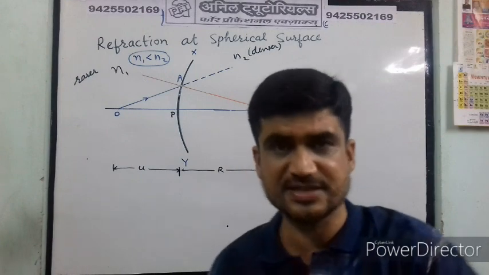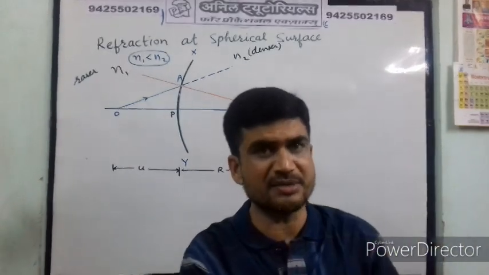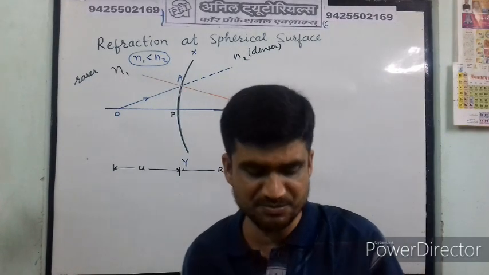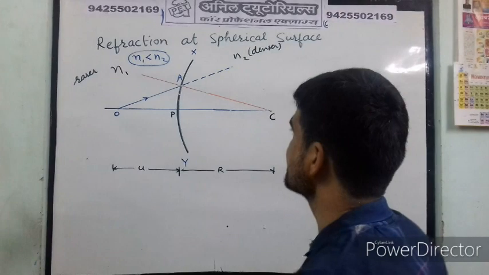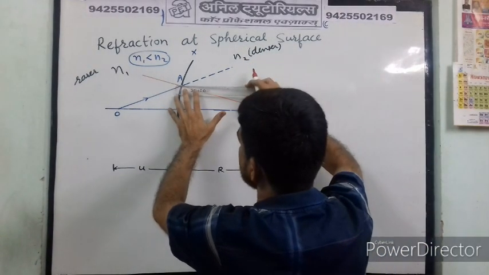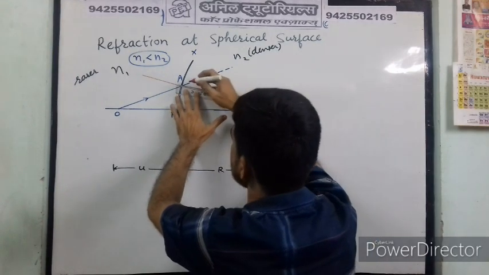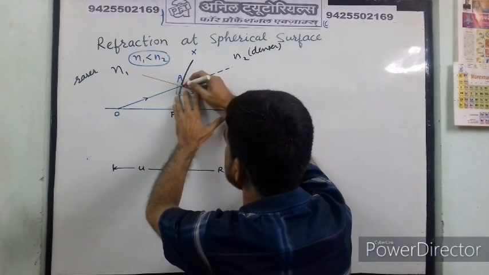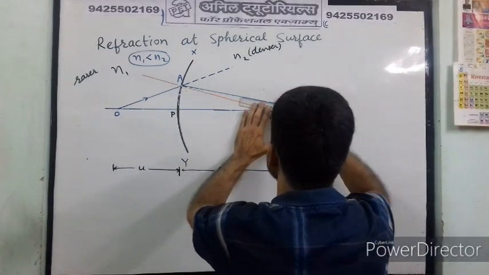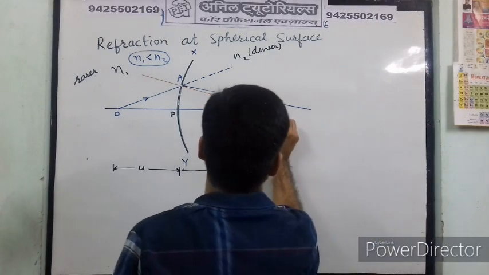But since there is a change in medium, and you know when the ray is coming from a rarer medium to a denser medium, it moves towards the normal. So here the ray will not follow this path, it bends towards the normal. The ray will meet somewhere here on the principal axis.